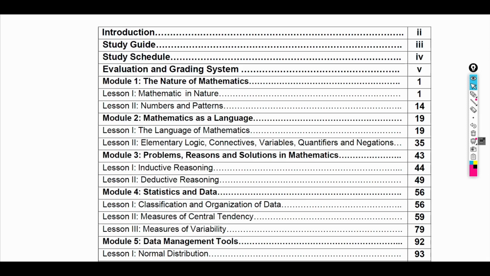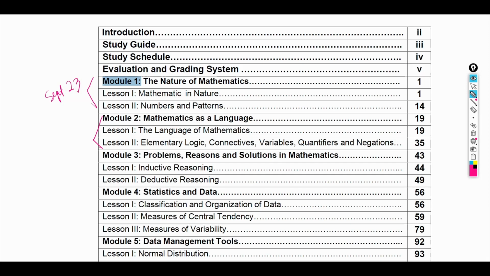For example, module 1, your deadline will be on September 23. After September 23, that's when I will give you module 2.